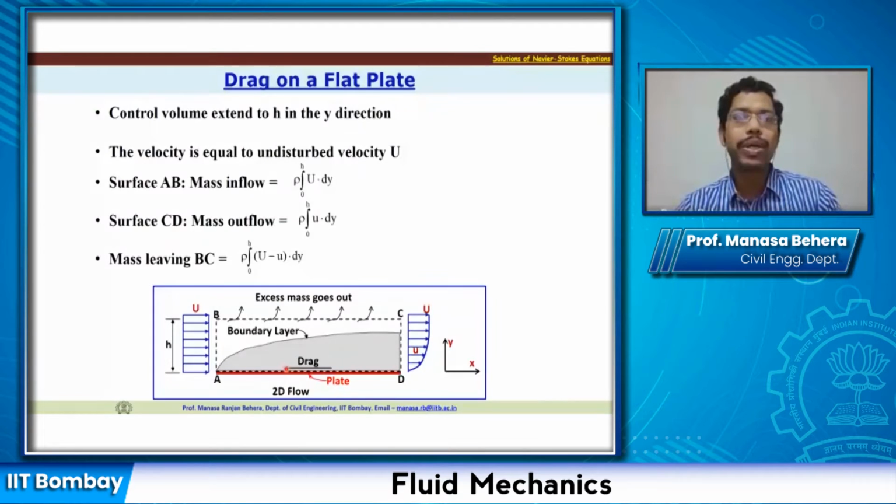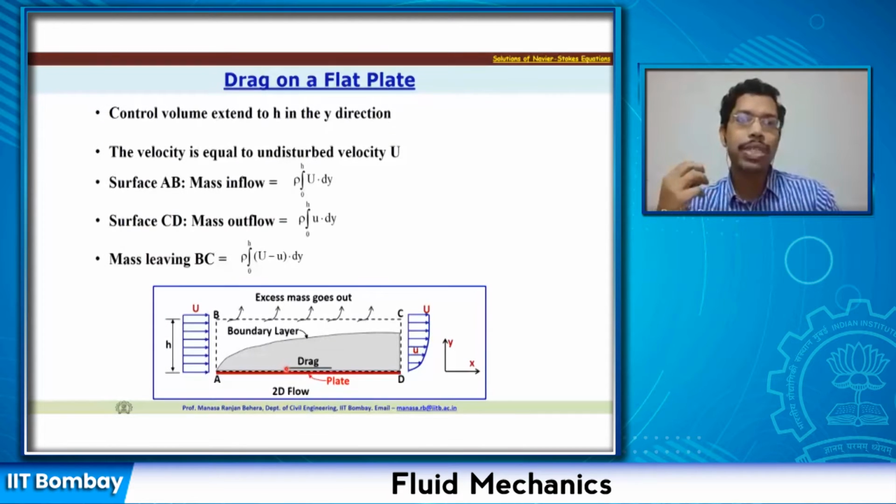And the shear acts by the shear stress that is known to us by Newton's law of viscosity: tau equals mu into du by dy. So that du by dy comes into the picture within the boundary layer. Outside the boundary layer, what happens? What is the du by dy? We have already discussed that du by dy is going to be 0, because we assume that it has reached almost free stream velocity and u is going to be uniform above this boundary layer.